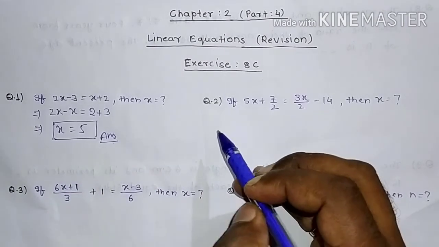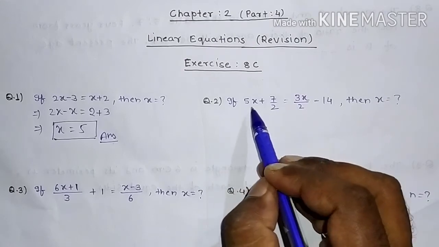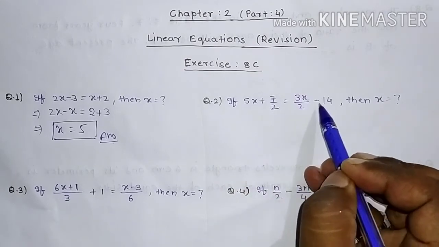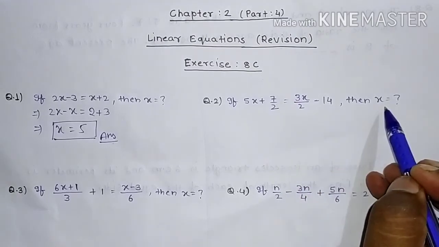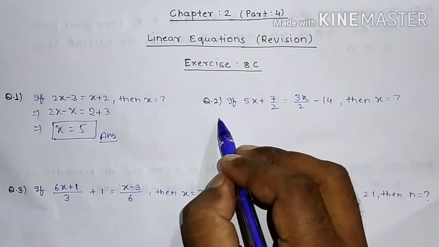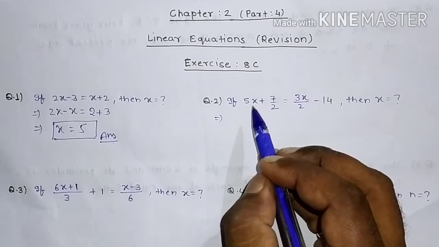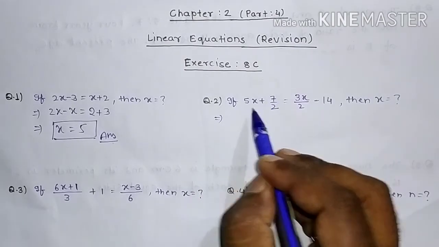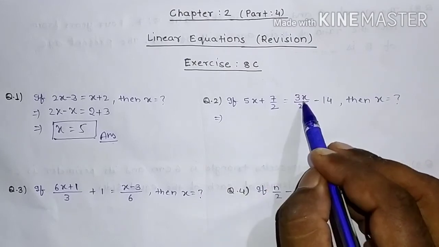Now the next question, that is question number 2. If 5x plus 7 by 2 equals 3x upon 2 minus 14, then find x. Again same process, take variable part to one side and numbers to the other side. So 5x and 3x upon 2 are variable parts.